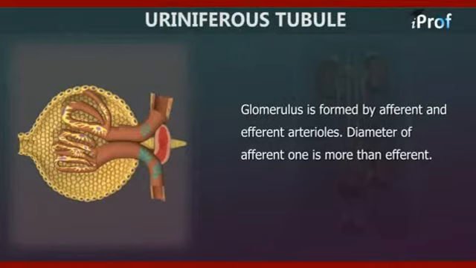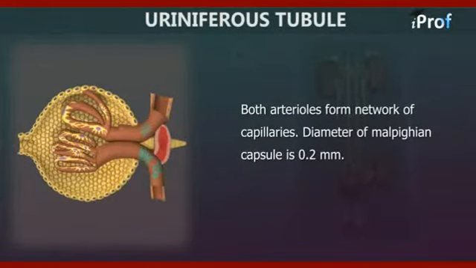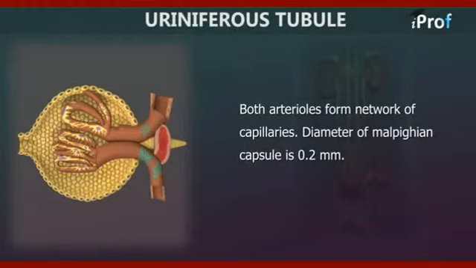Diameter of afferent arteriole is more than efferent arteriole. Both arterioles, afferent and efferent, form network of the capillaries. Diameter of Malpighian capsule is about 0.2 mm.